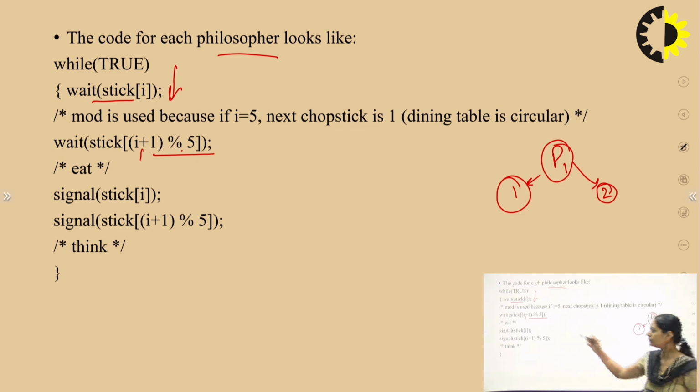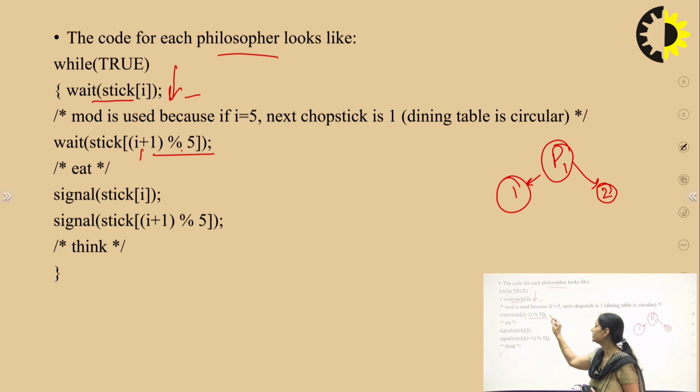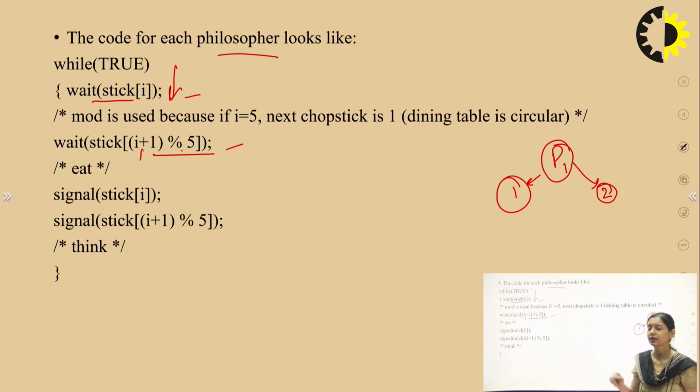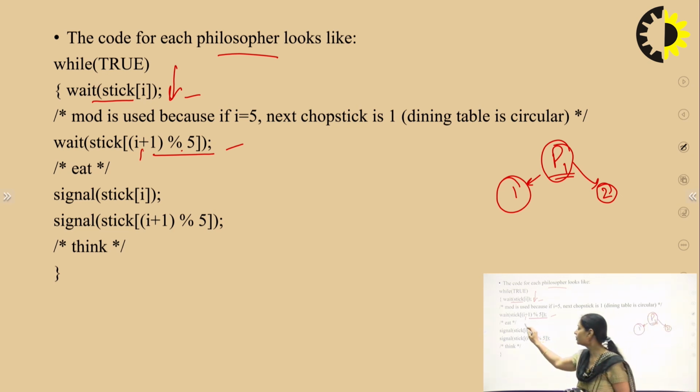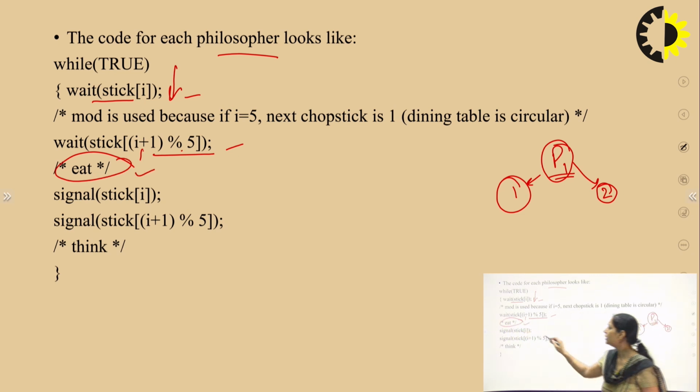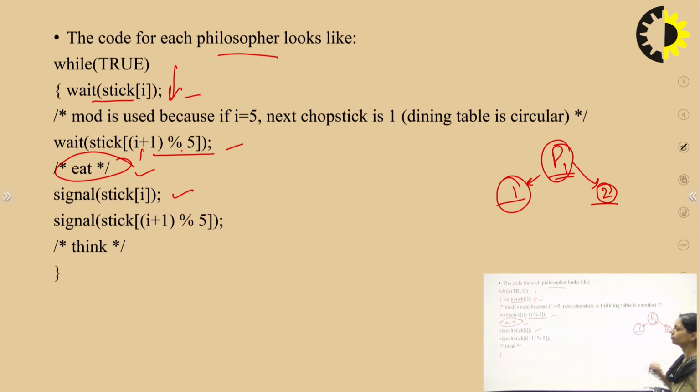Now no other process can use these two chopsticks until this P1 releases them. Now the philosopher will perform the eat operation. Once that eat operation is performed, he will leave the left chopstick first and then the right chopstick.